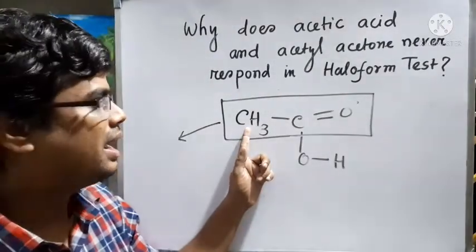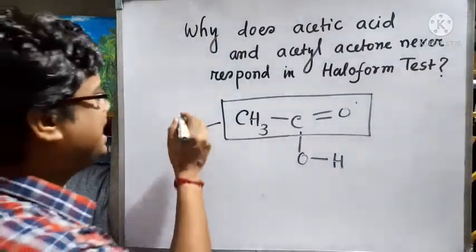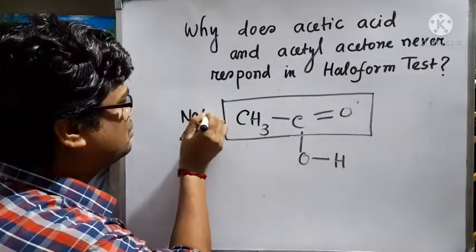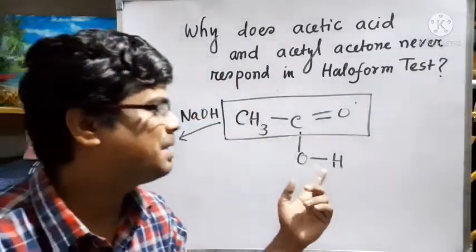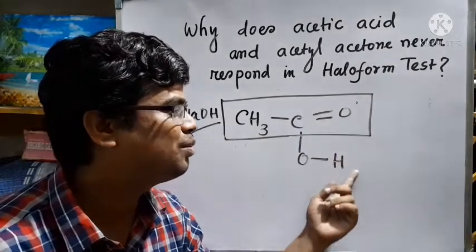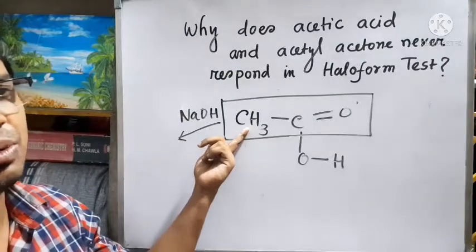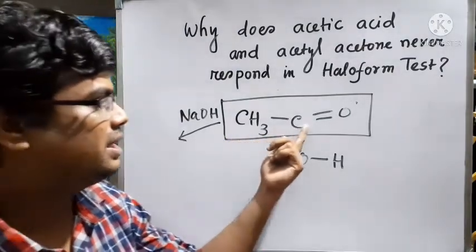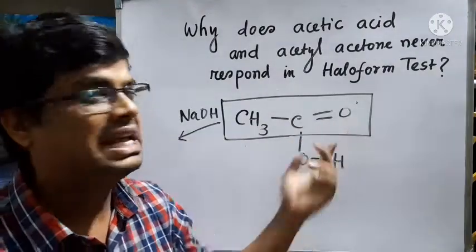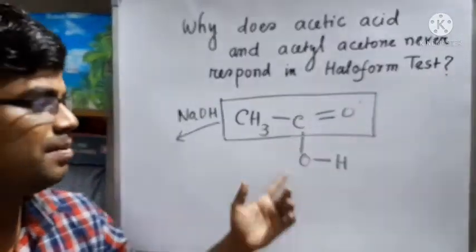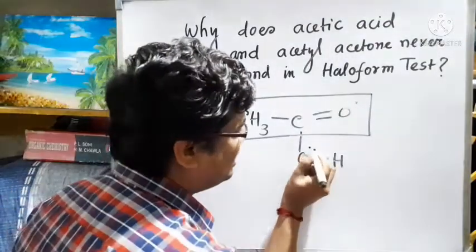Now if we treat it with a strong alkali, say sodium hydroxide, it preferably captures this protogenic OH hydrogen instead of the methyl hydrogen. The minus I effect of this carbonyl group is more effective for this OH group. Just look into the resonating structure.